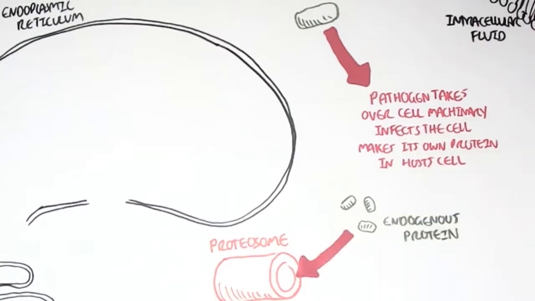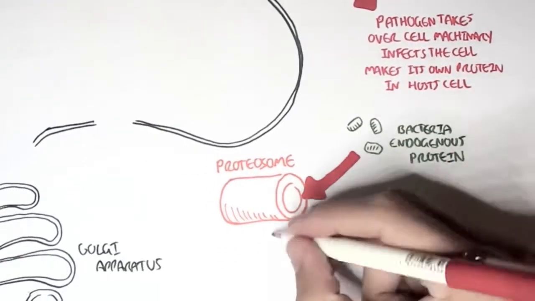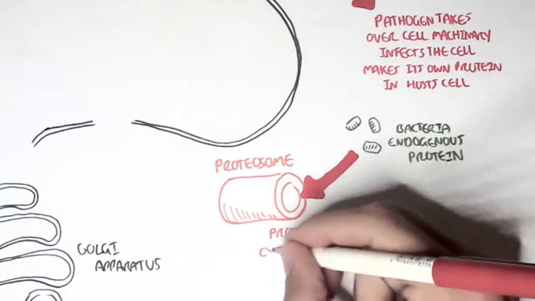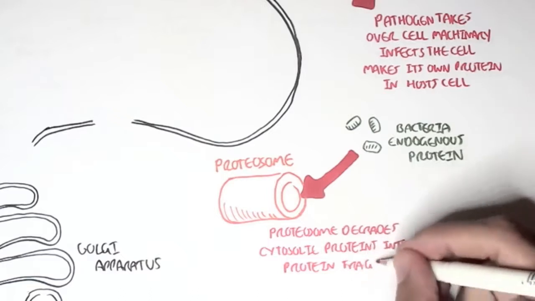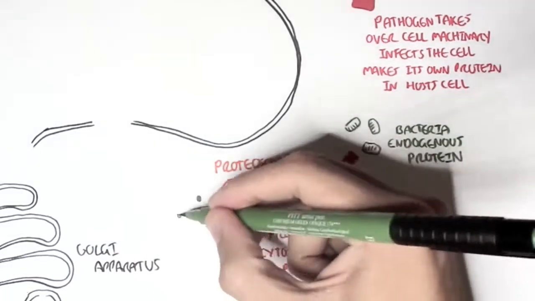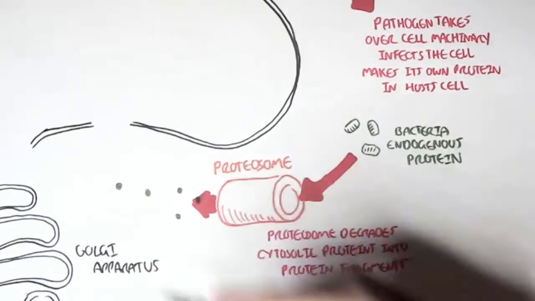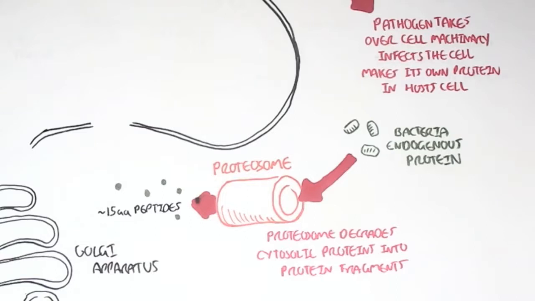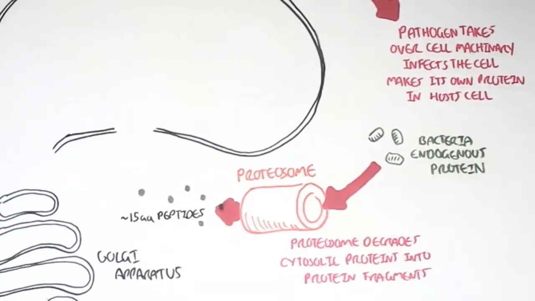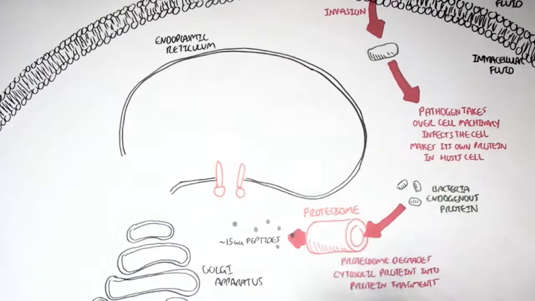Now these protein products, they luckily can enter the proteasome. Now the proteasome is a complex that essentially will degrade these cytosolic proteins into small fragments. So these bacterial endogenous proteins will enter the proteasome and they will come out in small fragments, about 15 amino acids in length. And so we have many of these.